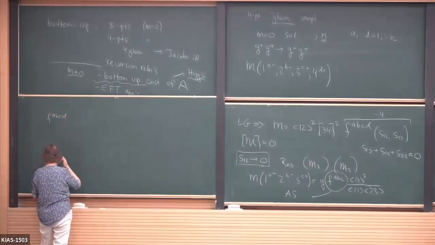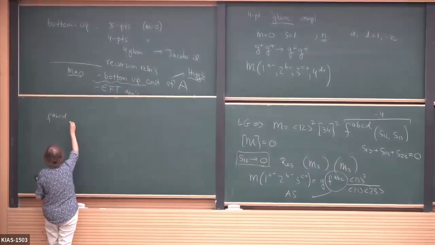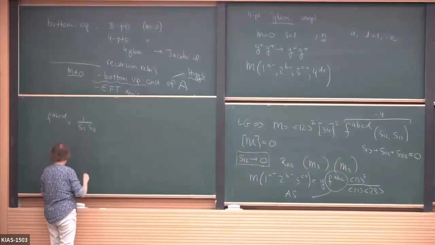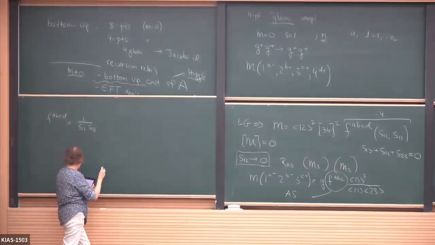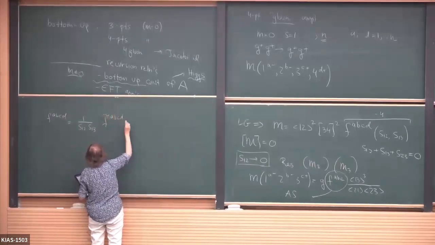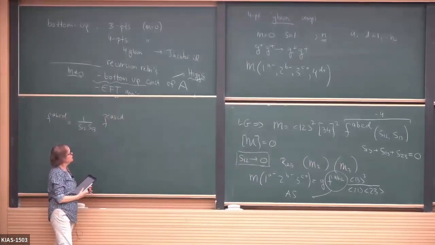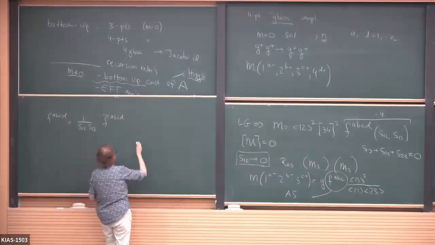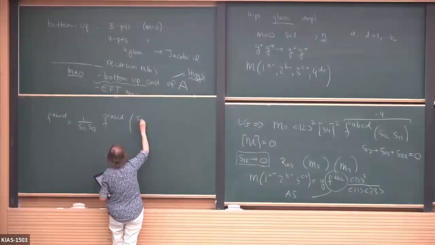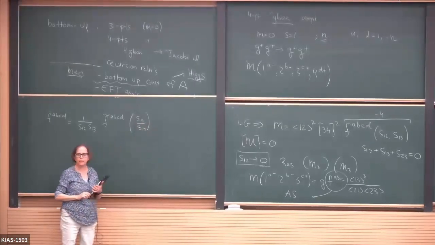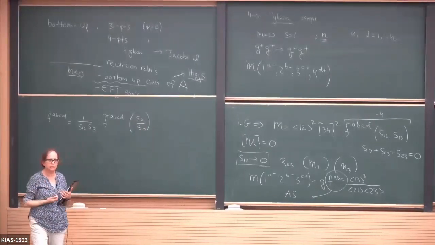Near this S12 pole, I can write it as S12 S13, which takes care of the dimension, times some f tilde ABCD, which is dimensionless. Since this is just a 3-point amplitude, the only things that can appear here are things like S12 divided by S13, because I need something dimensionless.